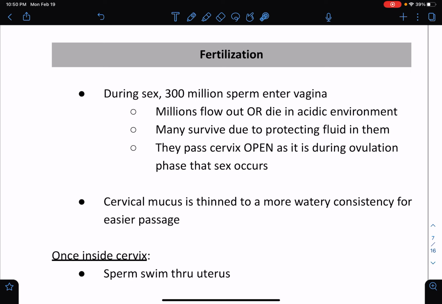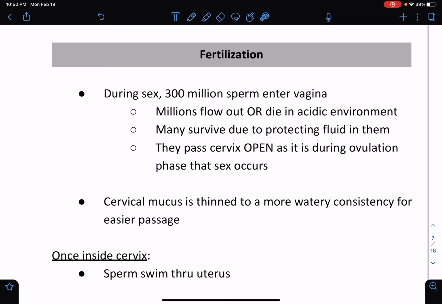So they pass the cervix, which is supposed to be open, as it is during the ovulation phase that sex occurs. The fertility window is also determined by whether the cervix is open or closed. During the fertility window, in a time when you can be impregnated, the cervix is supposed to be open.